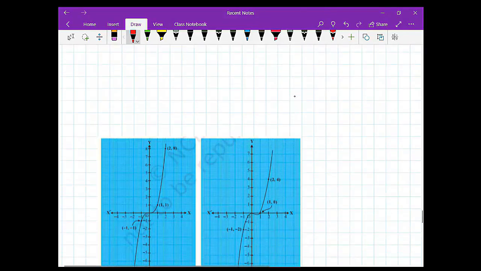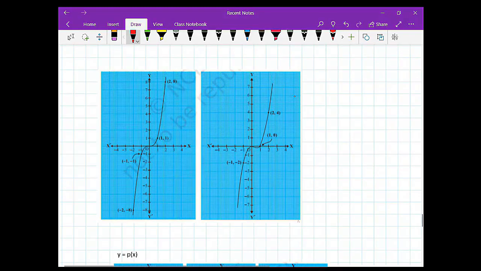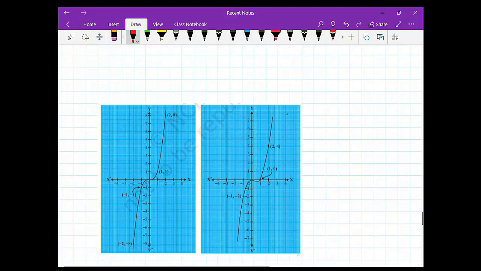See, in the next example, in this curve we are getting only 1 zero. The curve is intersecting at only one point, that is the origin, which means this curve has only 1 zero. Which polynomial is it? Ax plus b, a linear polynomial? No, because it is not a straight line.